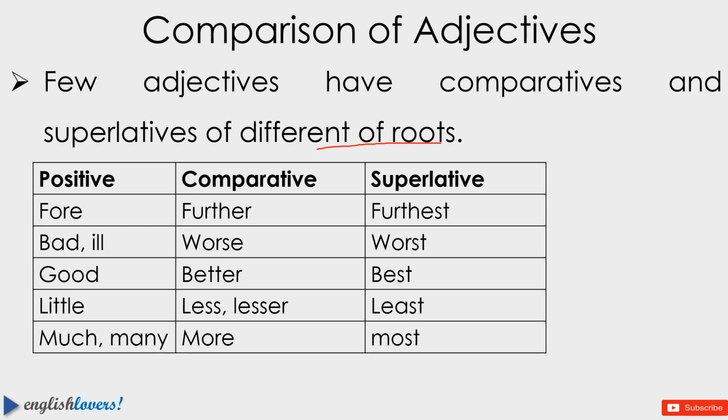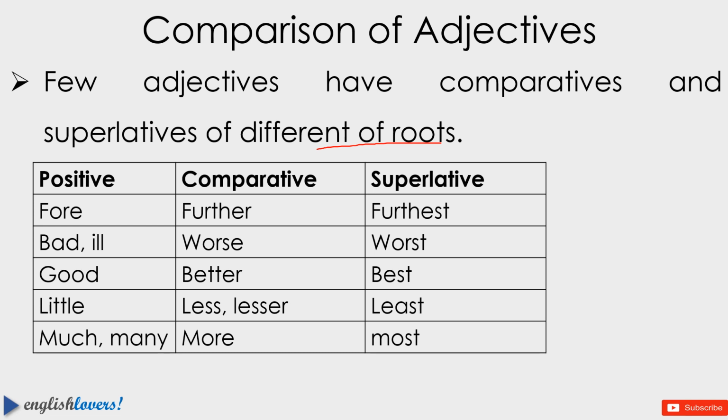So here you can see that for far there is totally different word in comparative and totally different word in superlative, that is furthest. In the same way, there is this adjective bad or ill, and the comparative form is worse and the superlative form is worst. So worse and worst are totally different words than bad or ill.